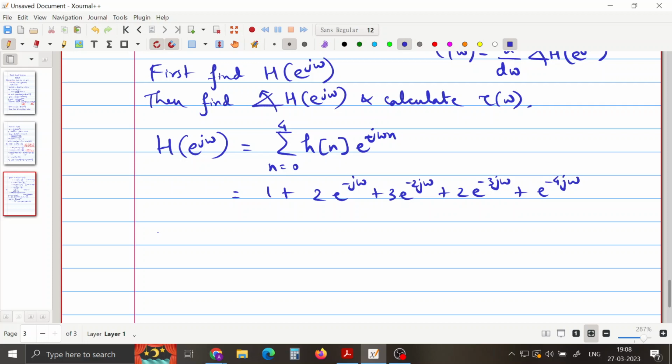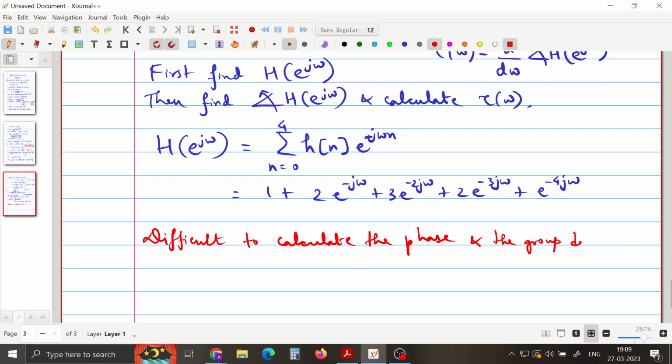So that will be too much complicated. It is difficult to calculate the phase and the group delay in this way.